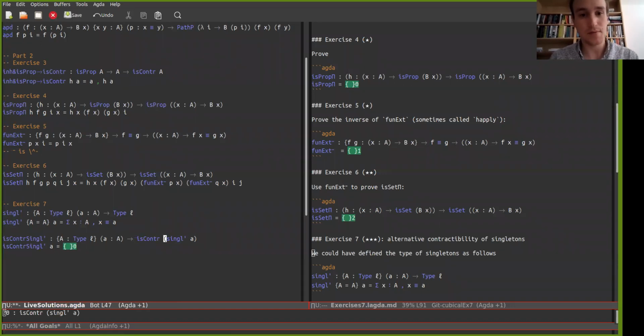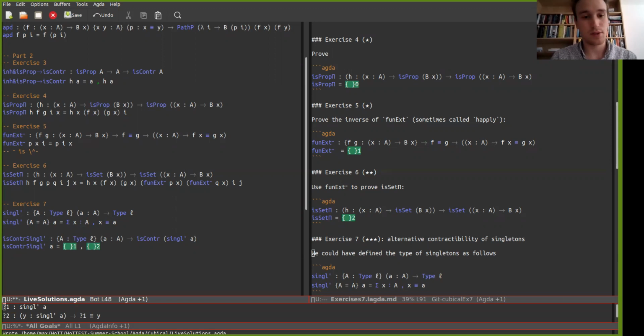We want to prove that this type single prime is contractible. So we have to give it two things: the center of contraction, and a proof that everything else is equal to the center of contraction. And maybe it's best to write it out. So the center.